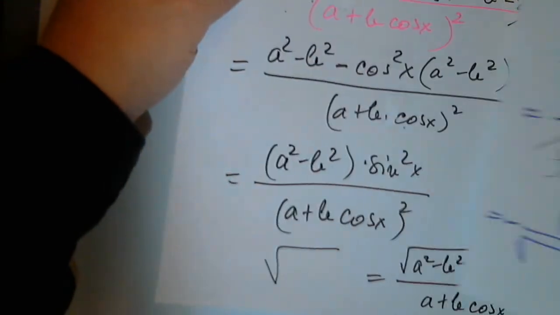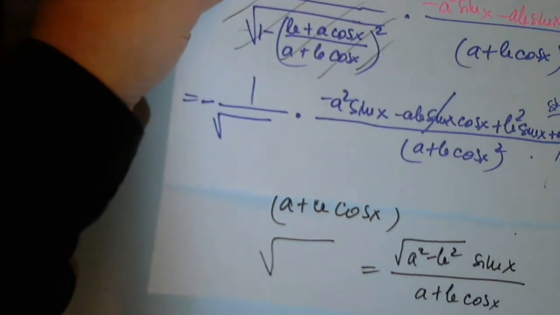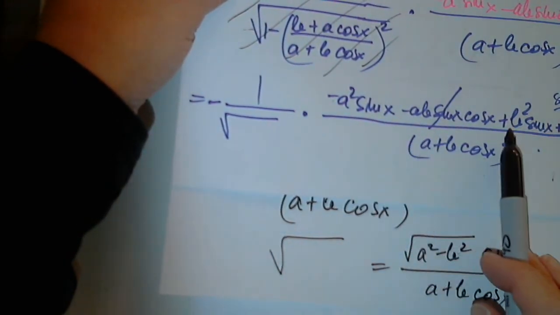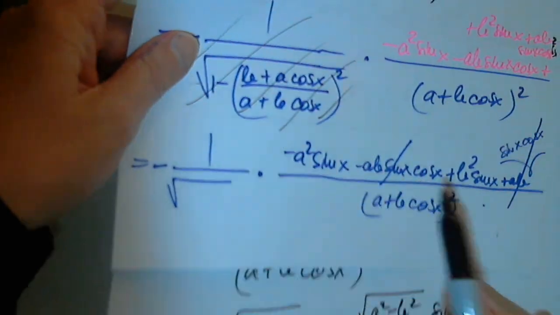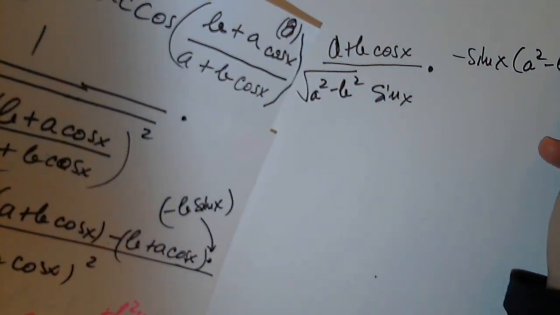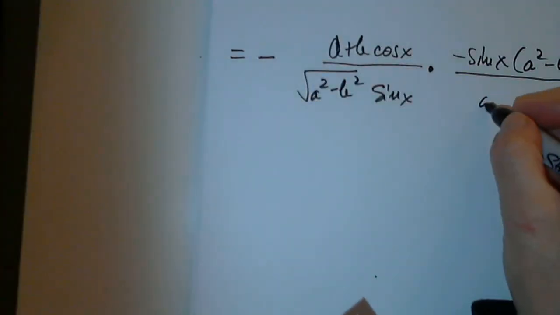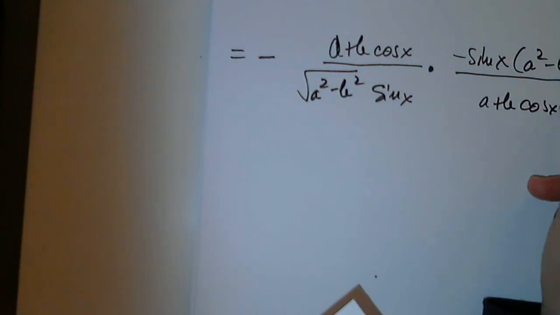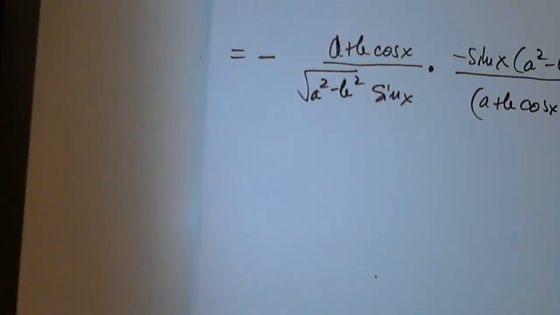And now I will factor out, so this is times, I will factor out negative sine x, and this is a squared minus b squared, and the denominator is a plus b cosine x squared. So yes, after 3 pages of work, it does simplify.